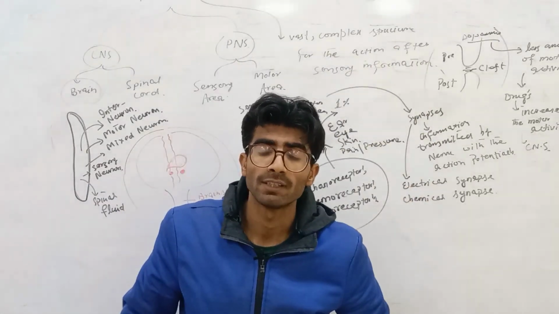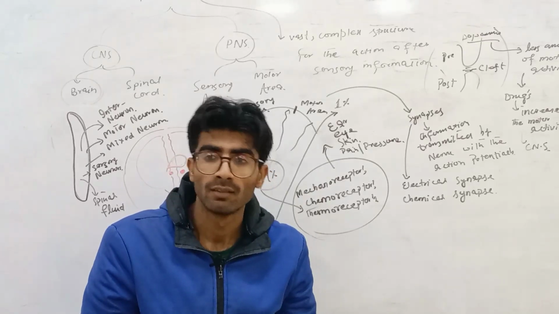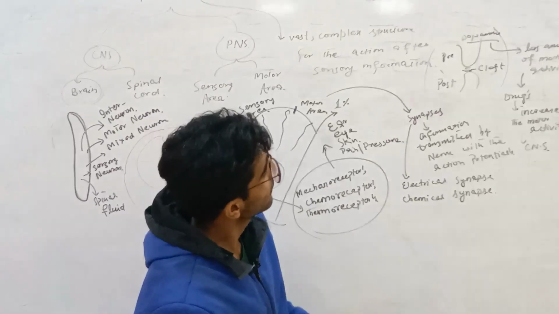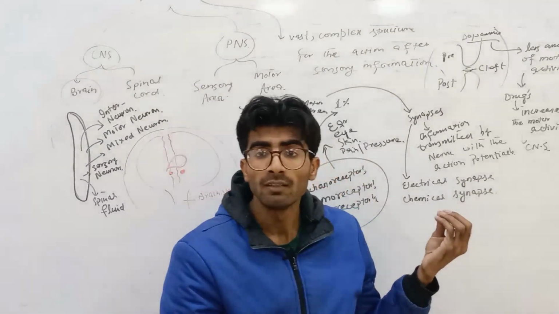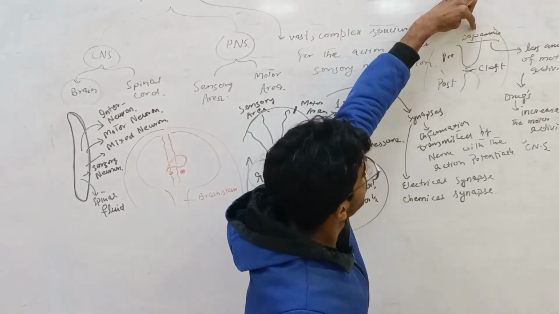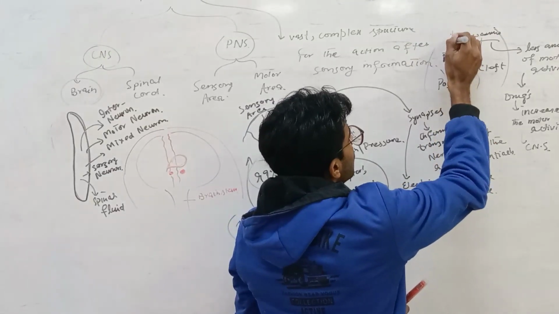Sometimes in the synapses there is a less amount of dopamine concentration, and also a less amount of serotonin concentration. When there is less dopamine concentration, it means motor activity is less.